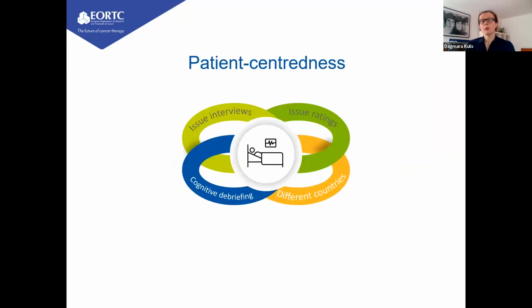So one of the main building blocks of the quality of life strategy that we have is that it's very patient-centered, and that patients are at the center of every phase of the development, and they are consulted and they are interviewed, and they can share their experience about the questionnaire that is being developed. So that's very important for us.